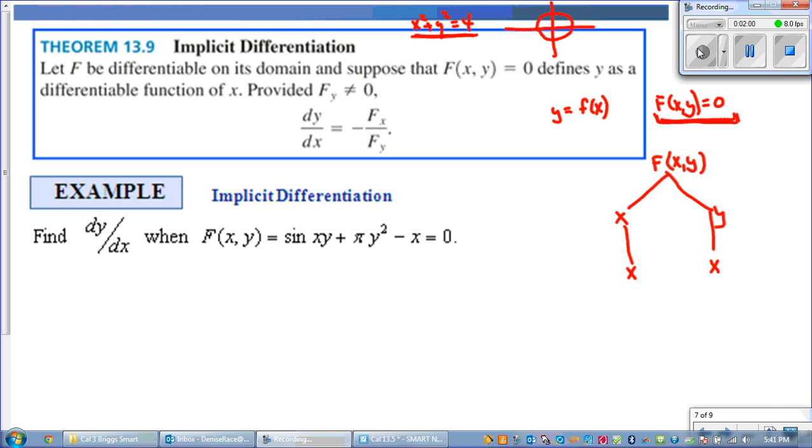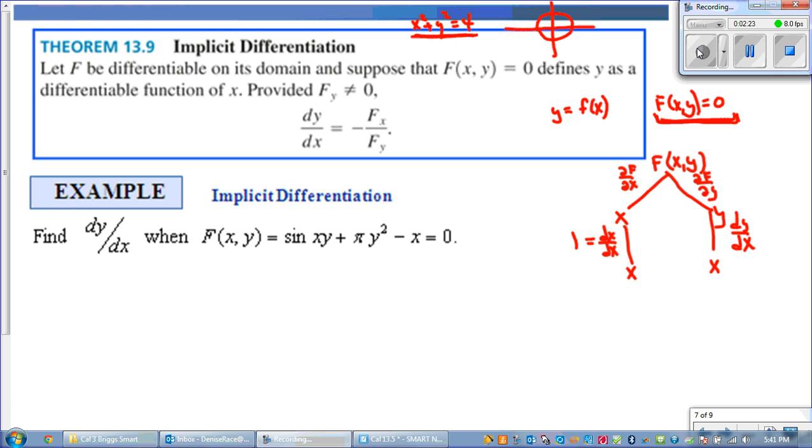Now drawing our tree diagram to get our chain rule for this particular situation, we have the partial of f with respect to x and the partial of f with respect to y. We have dx. There's one independent variable, so we use regular derivatives, but that's just one. And we have the derivative of y with respect to x.